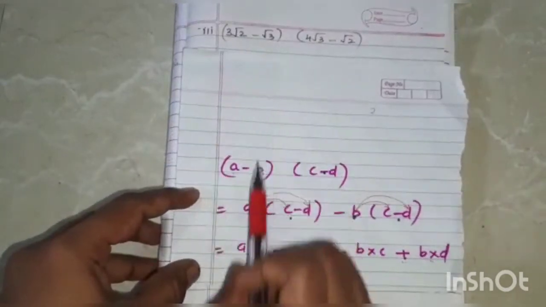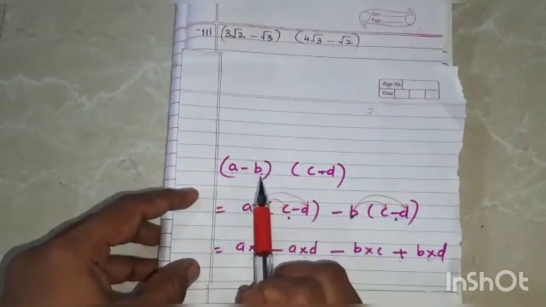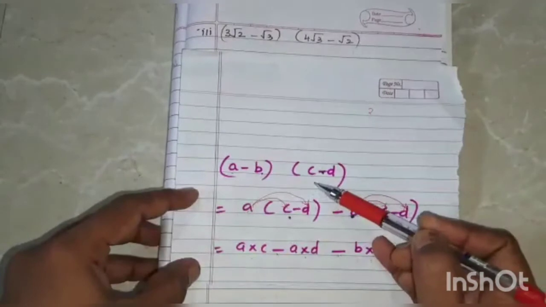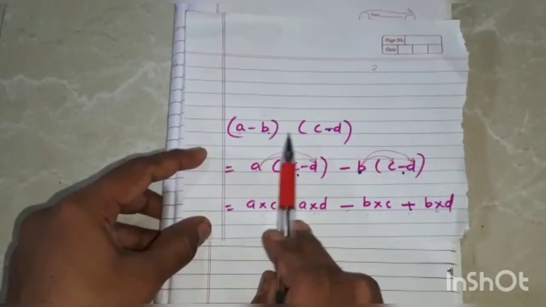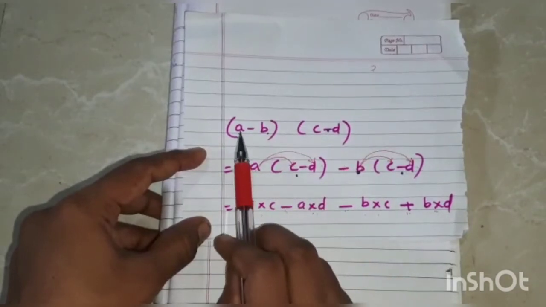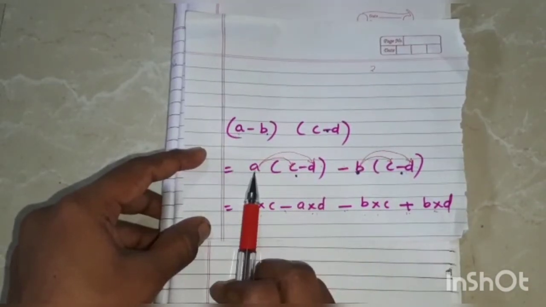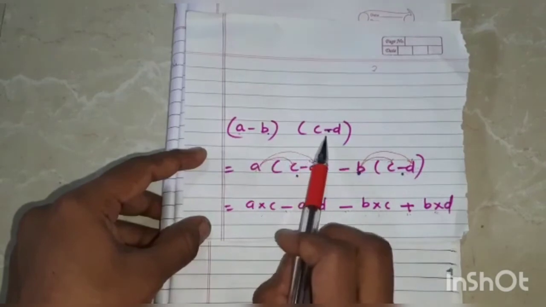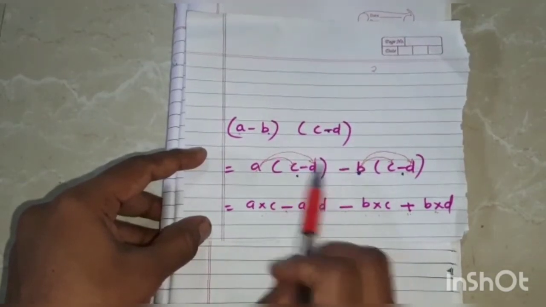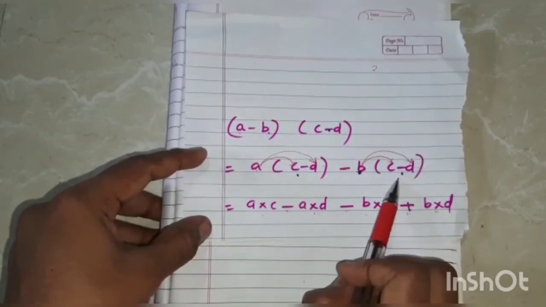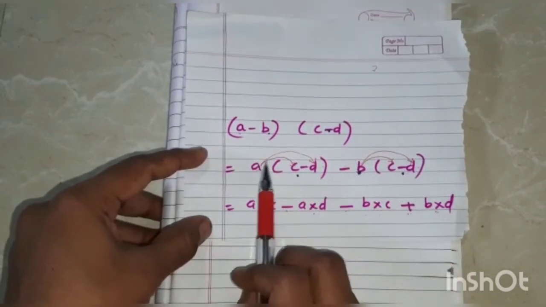Let 3 root 2 be A, minus root 3 be B, 4 root 3 be C, and root 2 be D. So we have to do A minus B into C minus D. We write A, the first term of the first bracket, multiplied by the second bracket, then minus B into the second bracket. Now you can see the arrows I have written here.